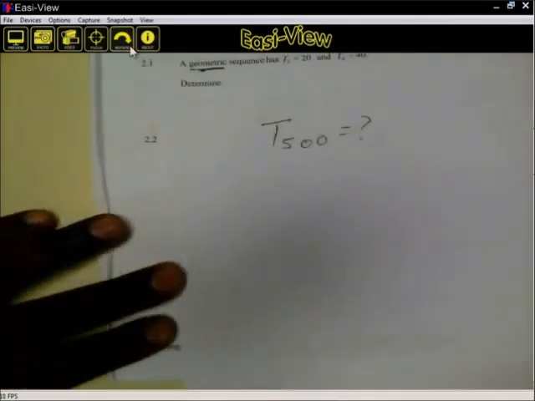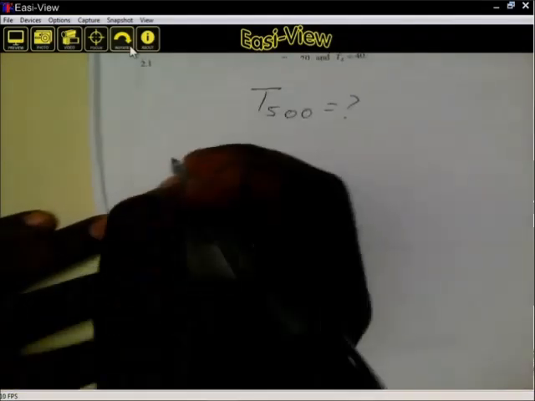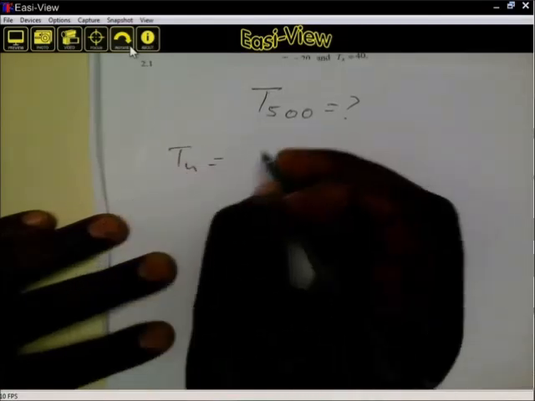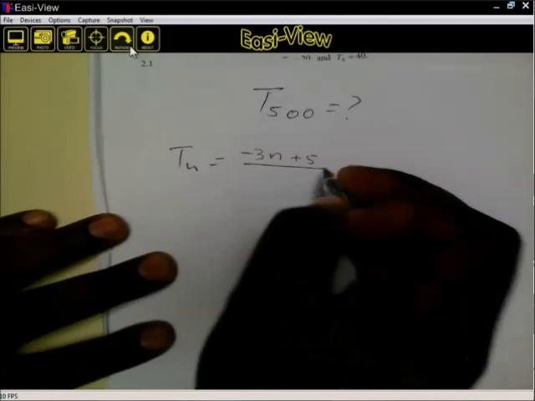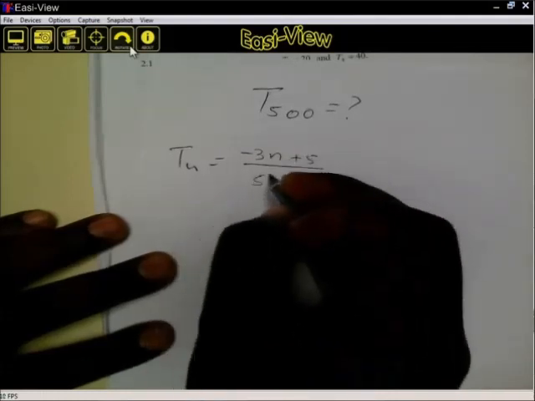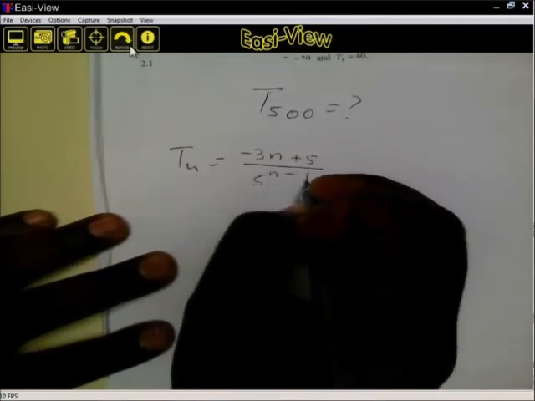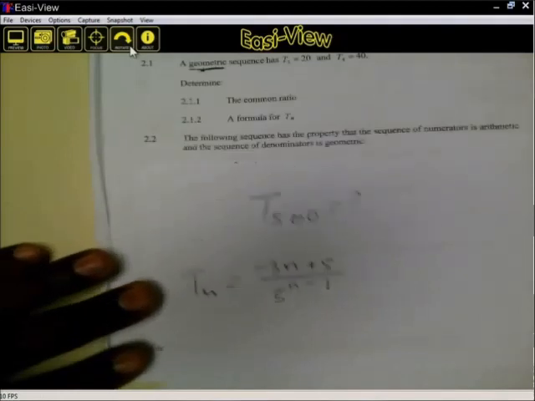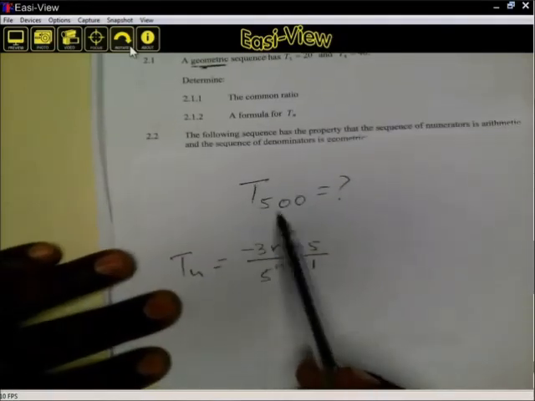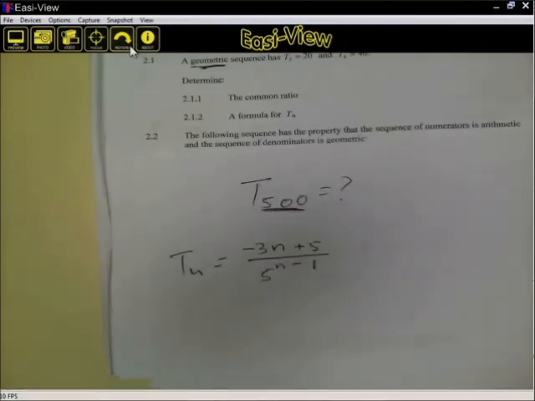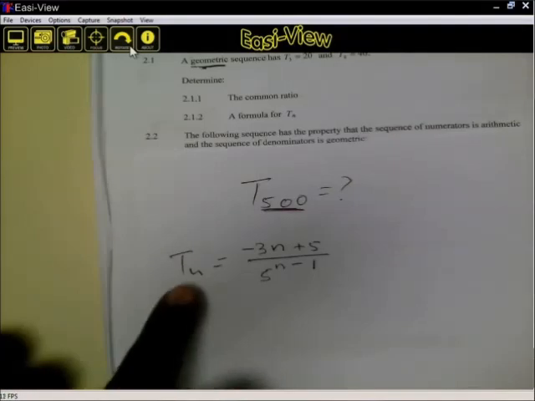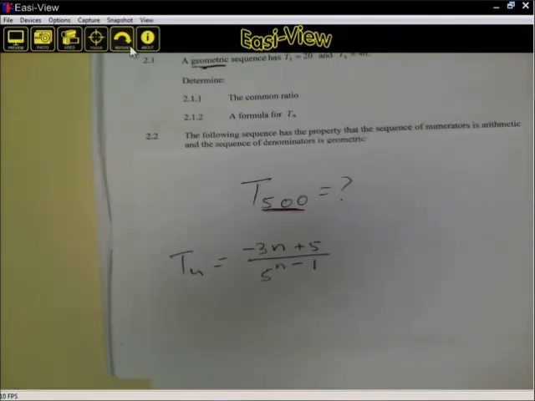Now, remember we found Tn to be equal to -3n plus 5 all over 5 to exponent n minus 1. And because we want to find T500, clearly this 500 is in the place of n, meaning where we see n in the sequence, we are going to write 500.